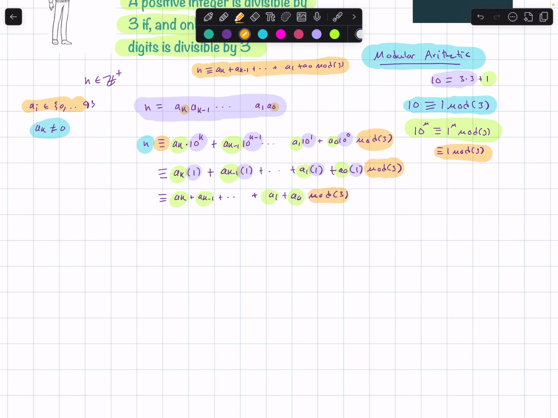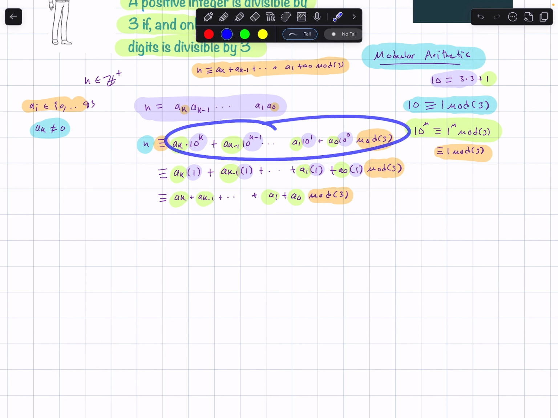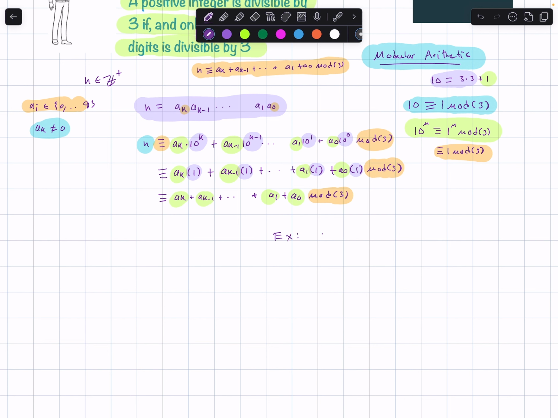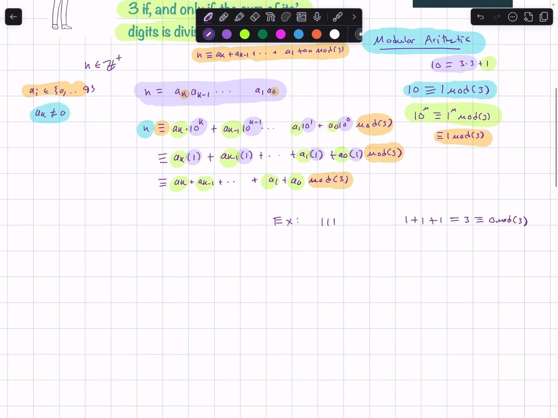This is saying that n, this base 10 number, leaves the same remainder as the sum of its digits mod 3. As an example, let's just do something like 111. The sum of the digits is 1 plus 1 plus 1, which is 3, which is congruent to 0 mod 3, of course.